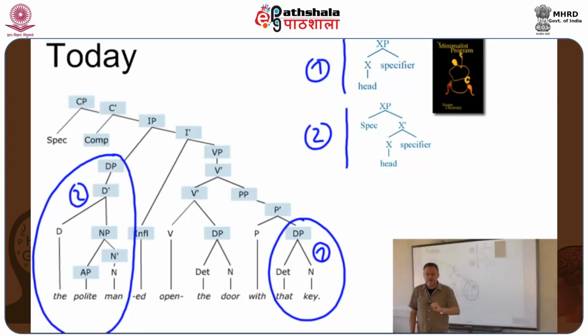Now note that the term noun phrase has been replaced by determiner phrase as a consequence of having complex determiners like a lot of, etc. A simple determiner phrase with a simple determiner and a noun would be number 1, and a complex determiner phrase with a noun phrase structure inside would be determiner phrase 2.